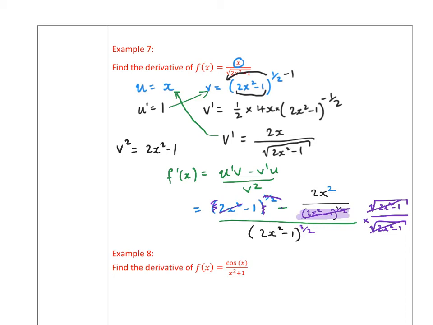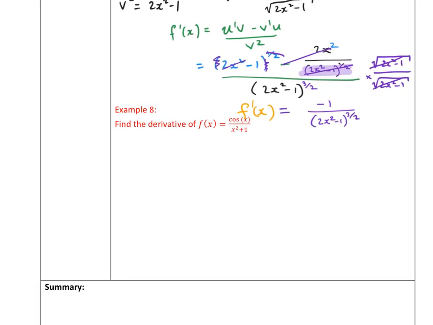So these things here will cancel, and we see it simply breaks down to negative 1 over 2x squared minus 1 to the 3 over 2. It's important to make sure our notation is consistent with the demands of the question, which is f dash of x is equal to that.